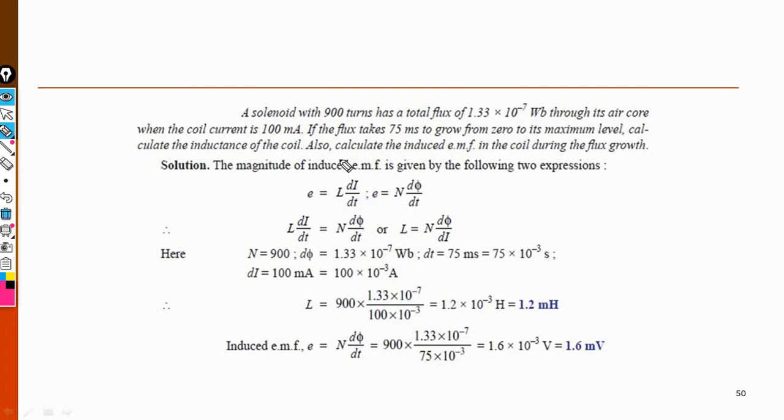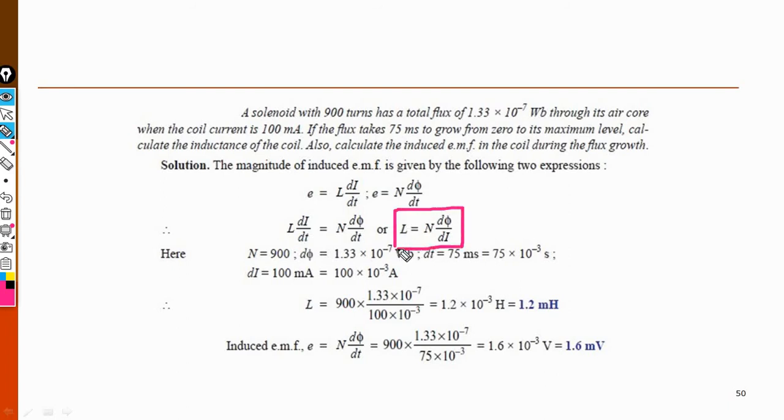Okay. Then we first need to calculate inductance. We arrange the equation for L, that is, L is equal to N d phi by di, in which dt gets cancelled. This is the formula to calculate self-inductance.